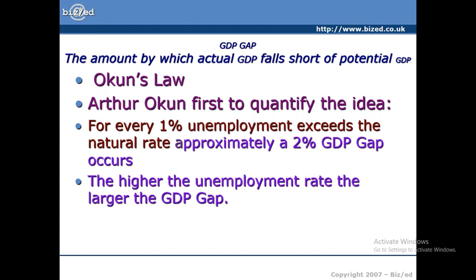He found that for every 1% of unemployment that exceeds the natural rate, a 2% GDP gap occurs. So this is the economic cost of unemployment, measured by Okun's law.